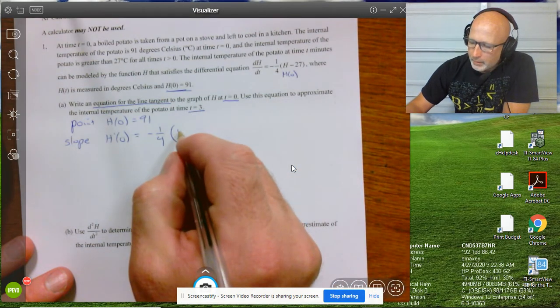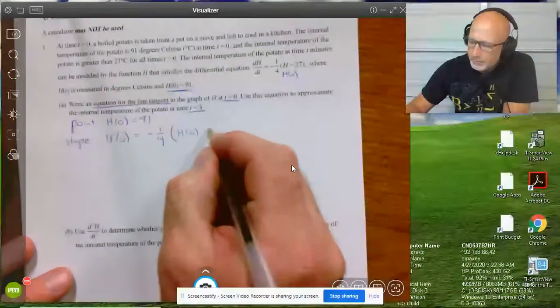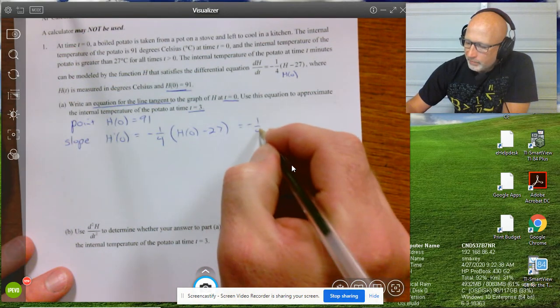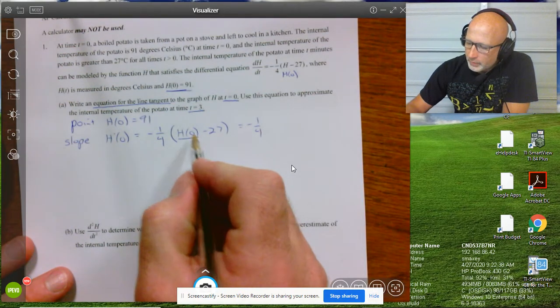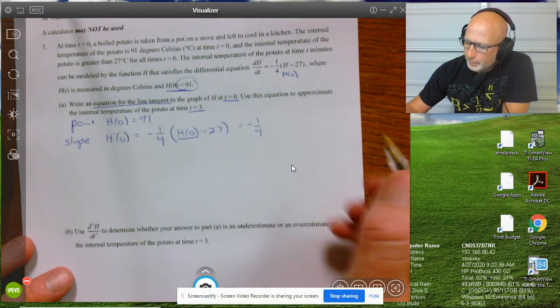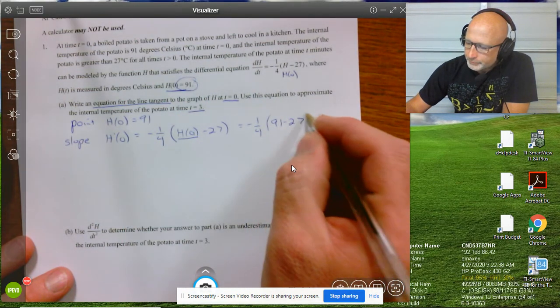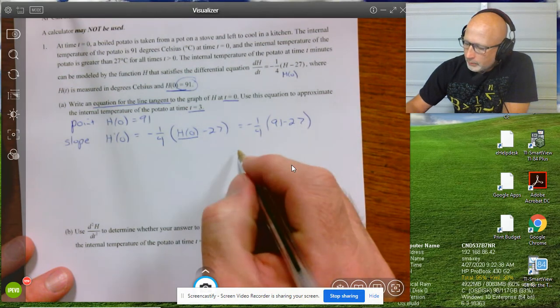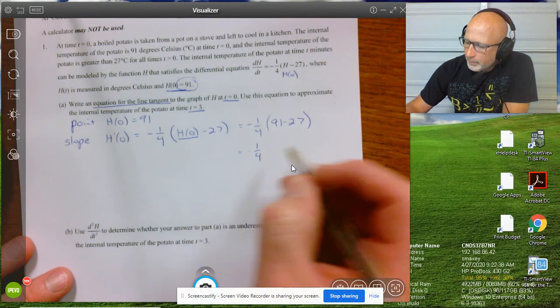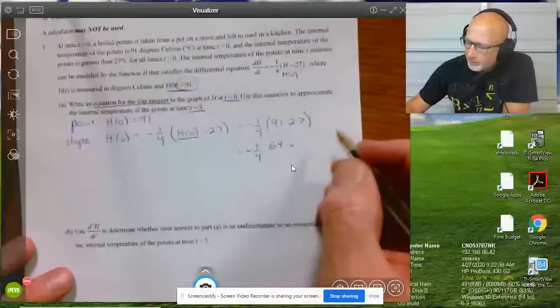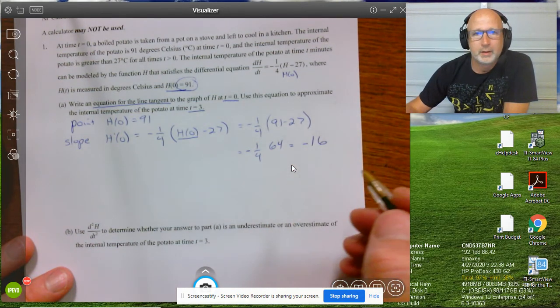So I'm going to write this out: h of 0 minus 27. So this is equal to negative 1/4 times, but what is h of 0? h of 0 is 91. So I have 91 minus 27, and so this is negative 1/4 times what, 64? So this turns out to give you negative 16.